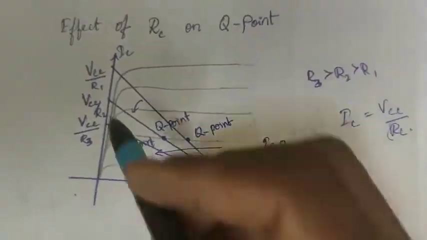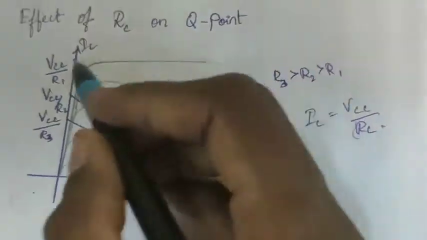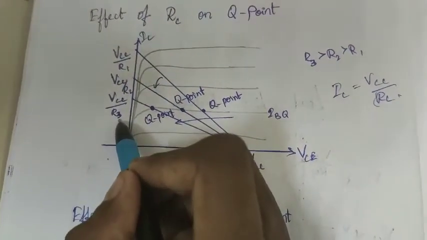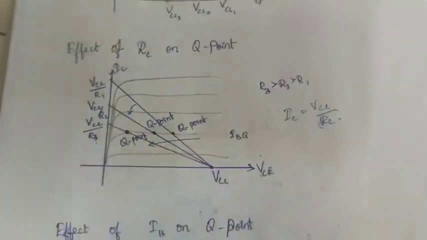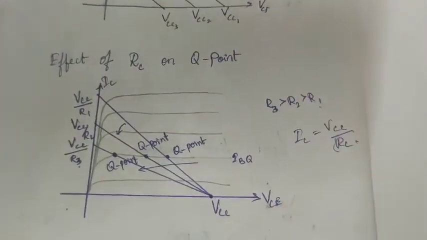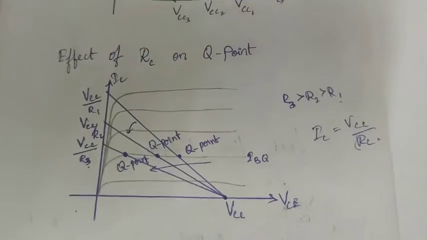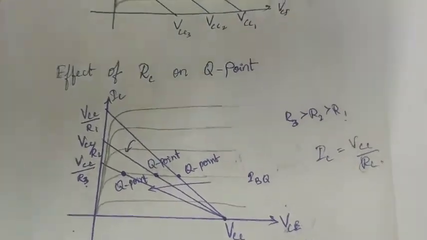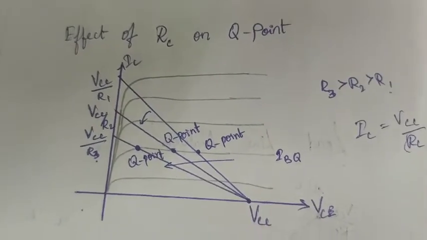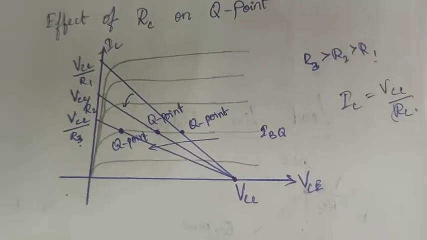That's why VCC by R1 looks higher and VCC by R3 is lower. So in this case we can tell R3 is greater than R2 is greater than R1. So we can conclude that when the resistance RC increases, the Q point, the load line decreases, right?